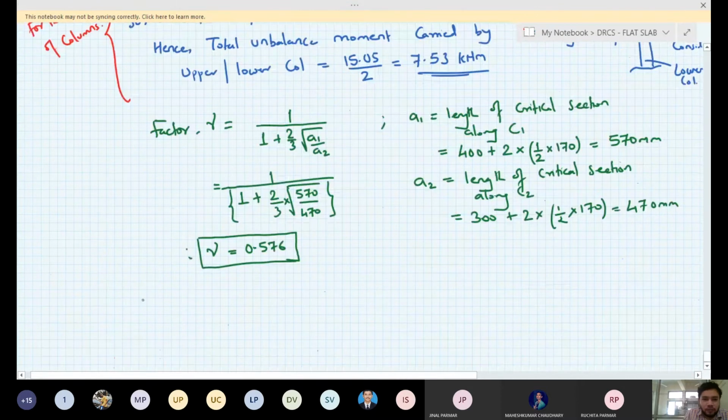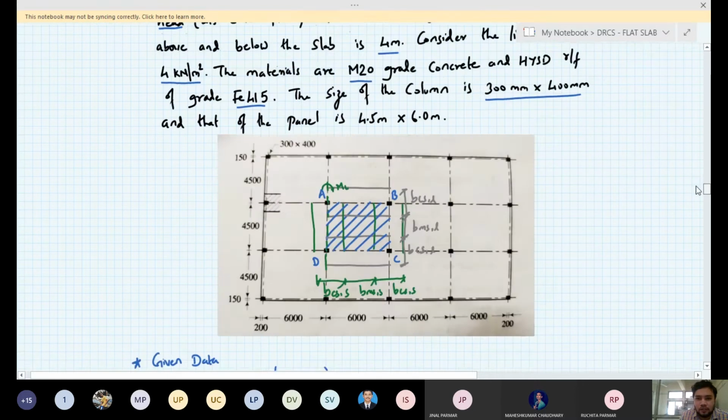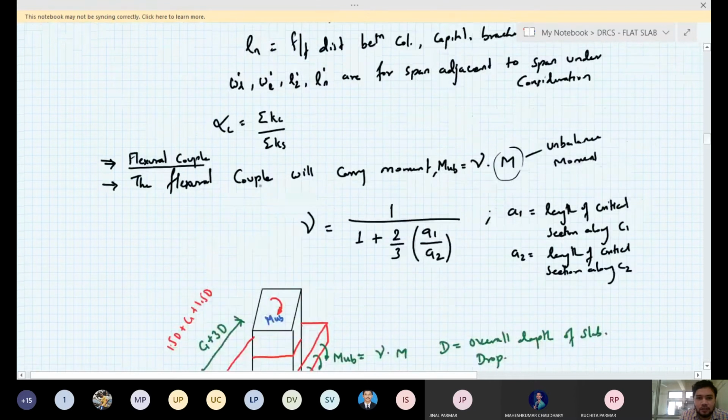So we can write the unbalanced moment shared by flexural couple will be equal to gamma times M. If you remember this, the flexural couple will carry MUB equals gamma times M, where M is the unbalanced moment.